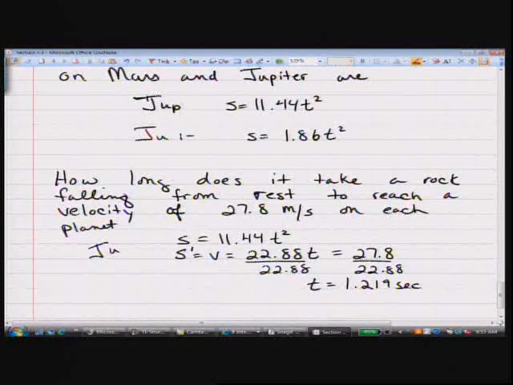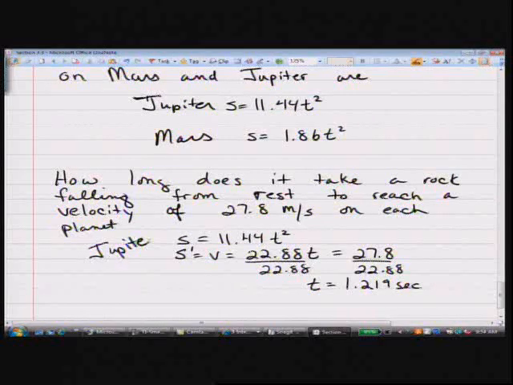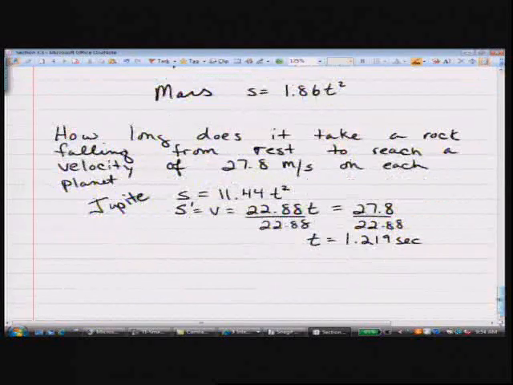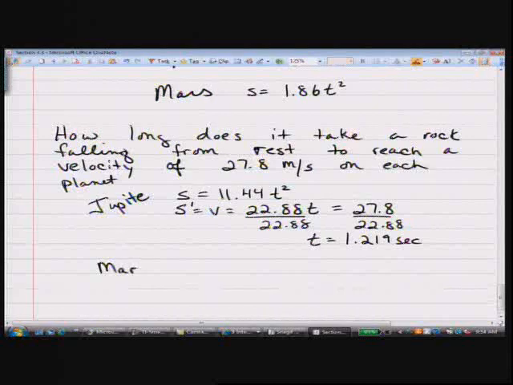I can't read my own notes. This one's Jupiter, and this one's Mars. Mars is 1.86 and Jupiter is 11.4. Okay, so this is Jupiter. Sorry. All right, so for Jupiter, we got 1.219. I need to pull it together.